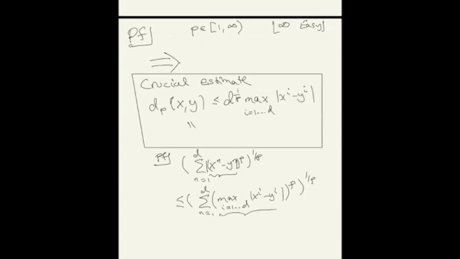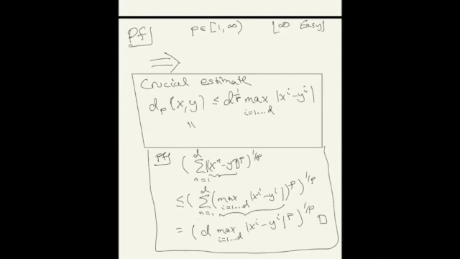Now this is a constant, so the expression inside is just d times the maximum of |x_i - y_i| to the power p, and then the power 1 over p, and this is the conclusion of that. Any questions on this estimate?